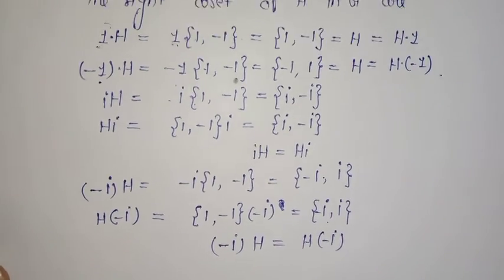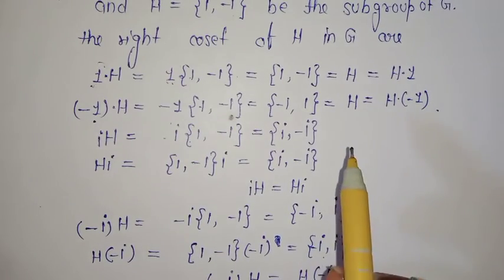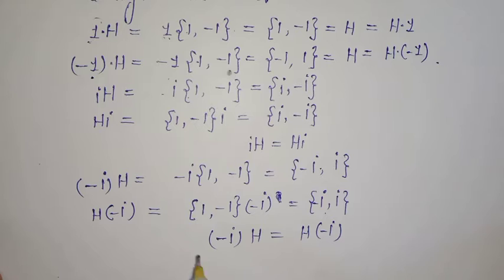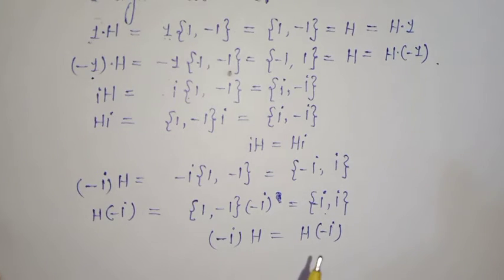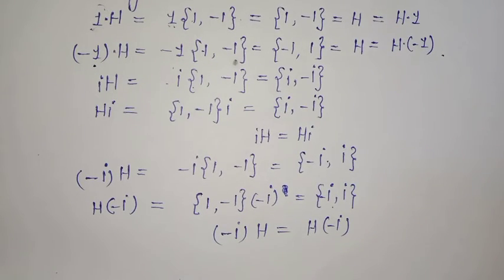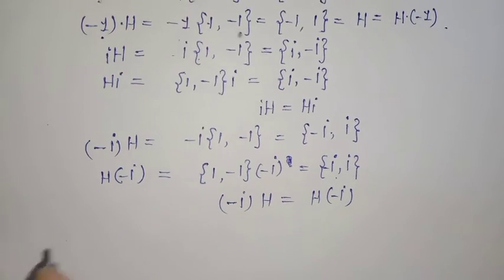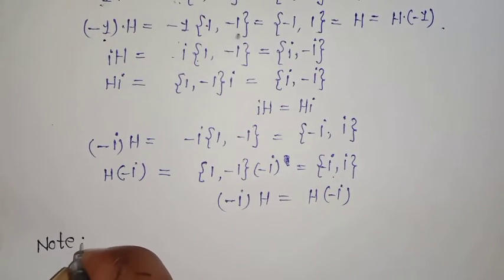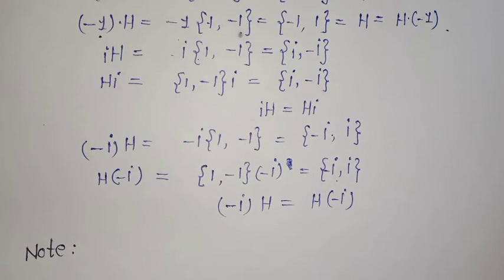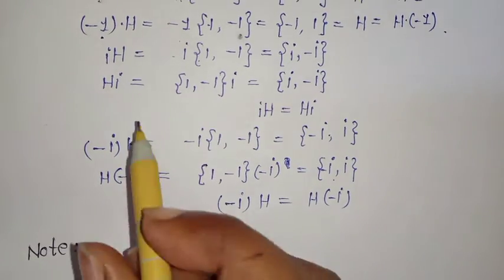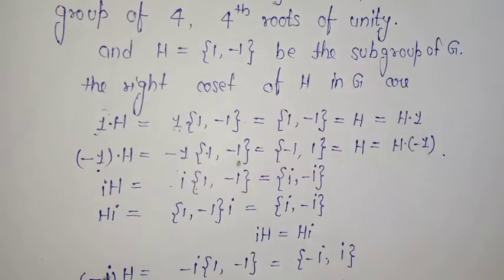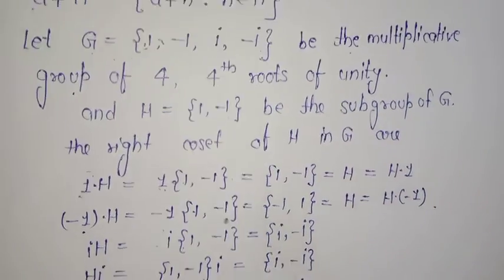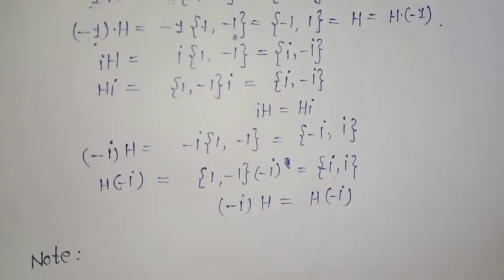So these are the left cosets as well as the right cosets, and you can see that in this example all the left cosets are equal to the right cosets. And here a very important note point arises: whenever all the left cosets are equal to the right cosets, the subgroup that we have taken is a normal subgroup of the given group G. I haven't talked about the normal subgroup yet.